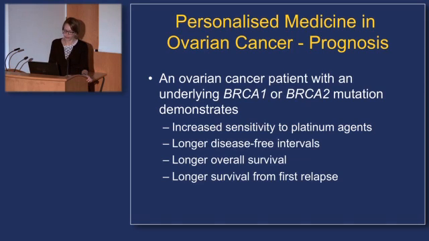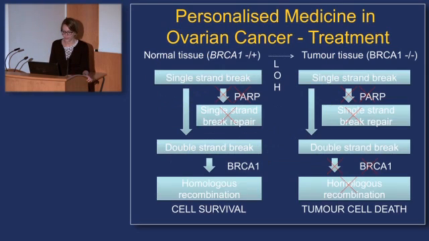It's important information if you have just been diagnosed with ovarian cancer with the poor prognosis that traditional treatments give for these women. Secondly, it affects our choice of treatment, and that's with the development of a new treatment called PARP inhibitors. So, in normal tissue in these women, they have a normal functioning copy of BRCA1 because they've got a mutation in one copy, but their second copy is working normally.